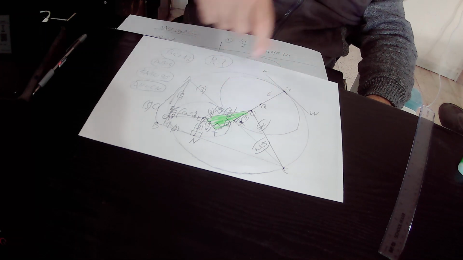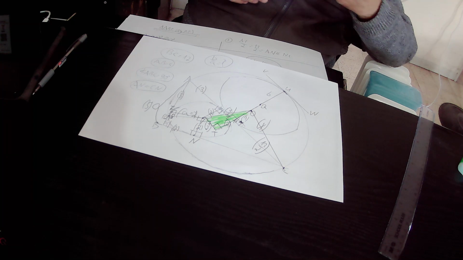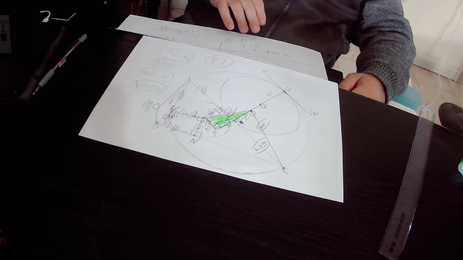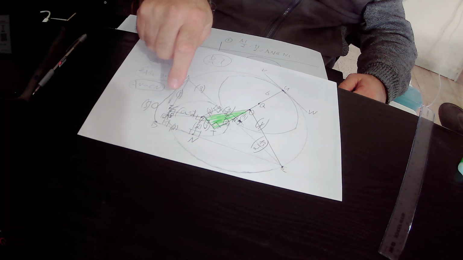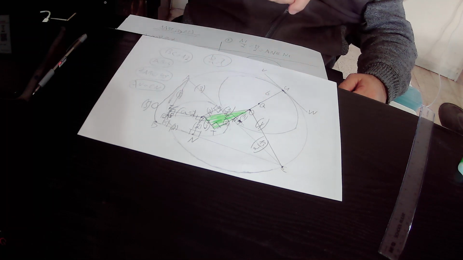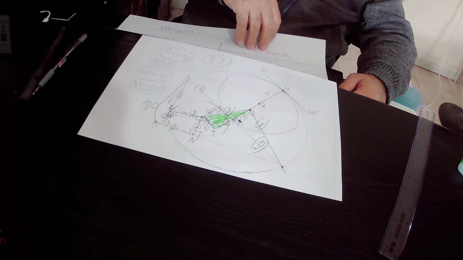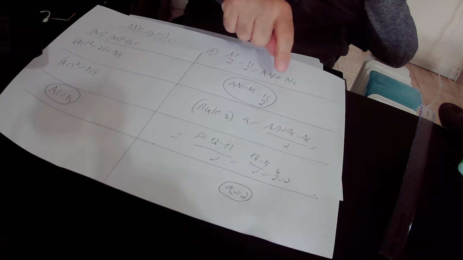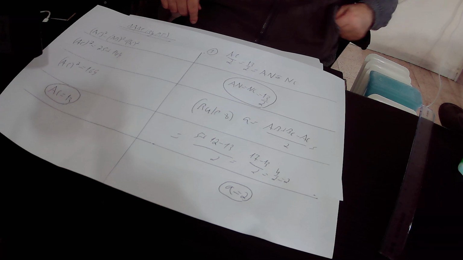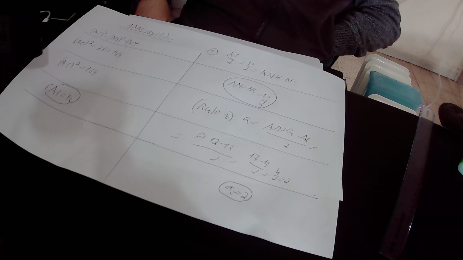The radius of this circle is A. According to rule number 8, the value of A will be equal to AB plus BC minus AC over 2. AB is 5, BC is 12, and AC is 13.